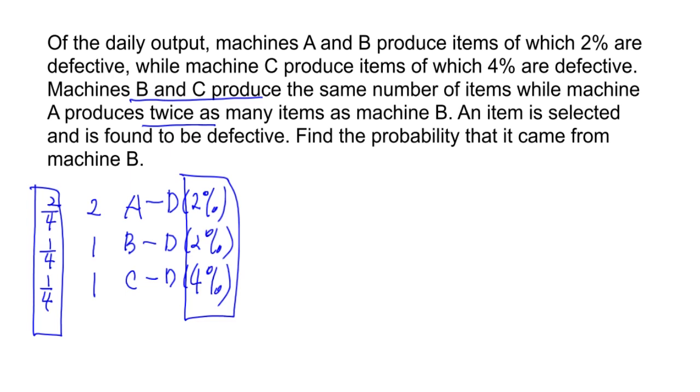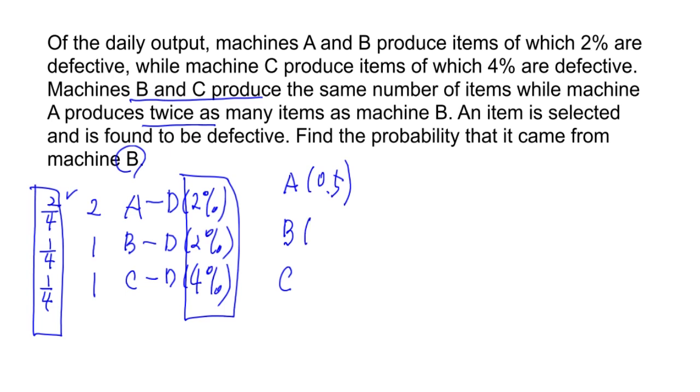Excuse me. So the question: an item is selected and found to be defective; find the probability that it came from machine B. Okay, let me make a tree chart first. A, B, C. If I use all decimals, the probability that an item was made by machine A is 2/4 or 0.5, right?